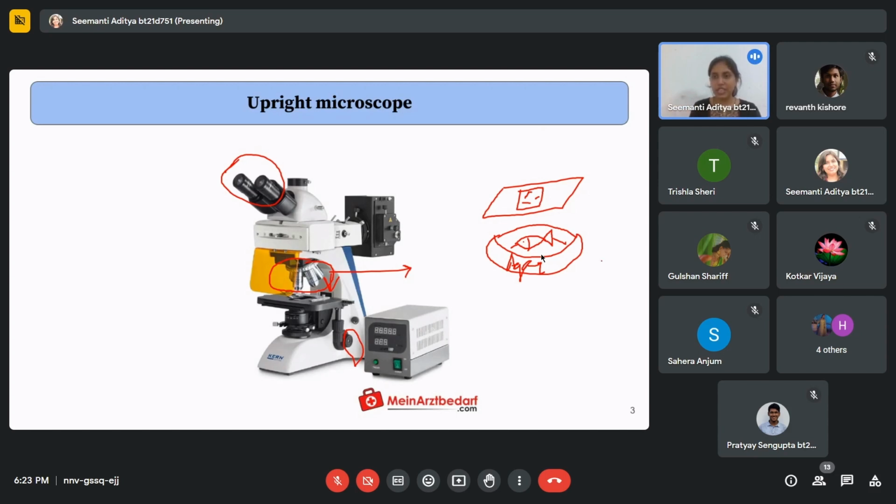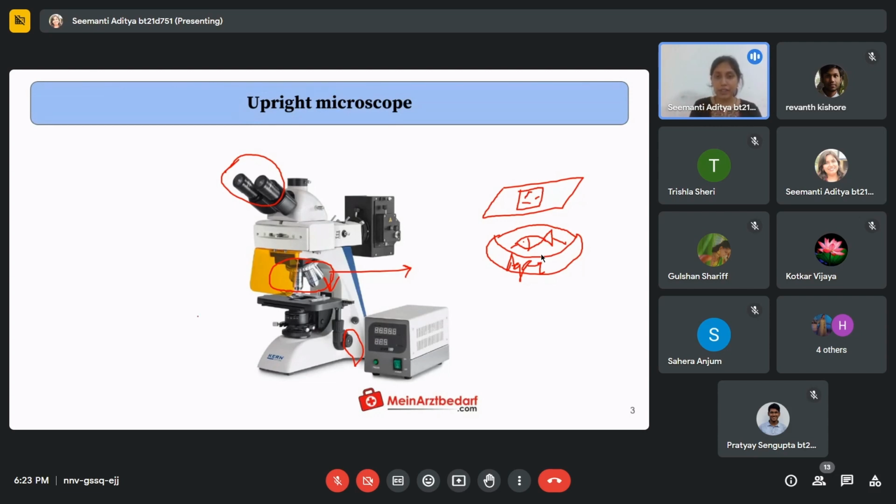For example, fishes or fixed tissue samples are quite thick, and if we are using the objective from below, the light will not be able to penetrate that deep inside the tissue or live organism to observe the phenomena we are trying to observe inside that sample.